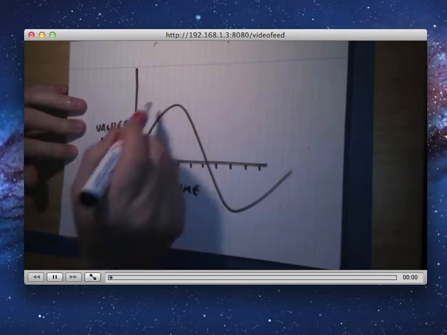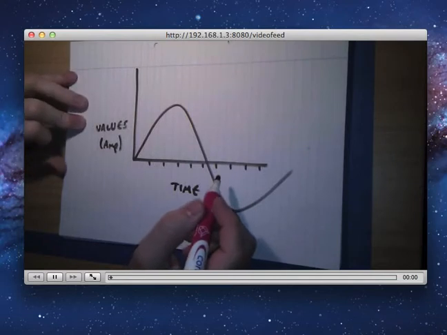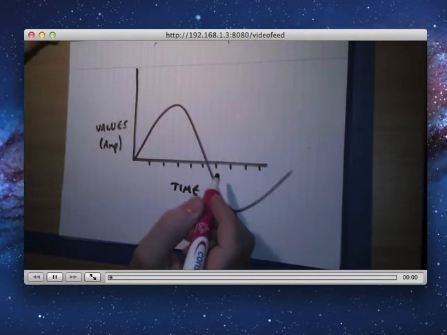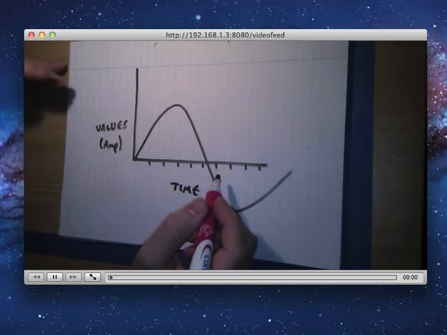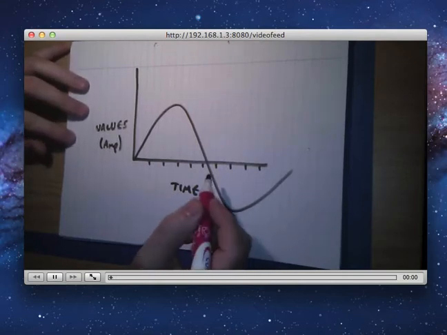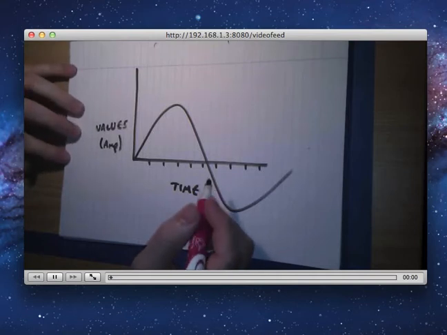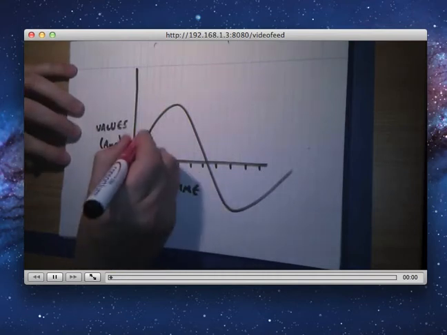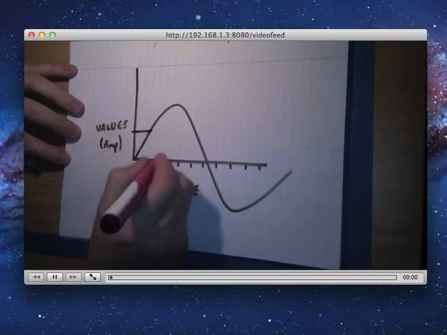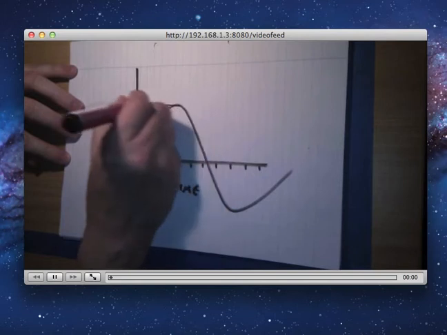If I wanted to represent that wave in a computer, all I have to do is pick a sample rate, an amount of times per second I'm going to look at my wave, and then just take down the value of the wave at each one of those time intervals. For example, here, here, here.